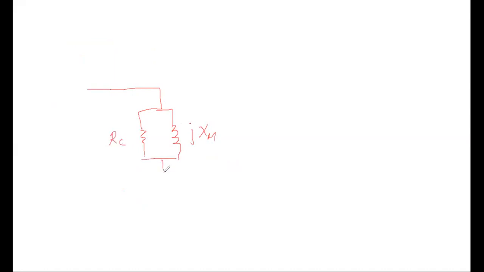Okay, so now we know that the equivalent circuit on the primary side will have the excitation branch, inductor, and resistance, and it will have a series resistor and inductance, which we call R equivalent and jX equivalent.